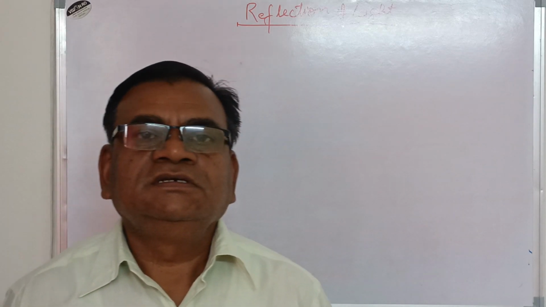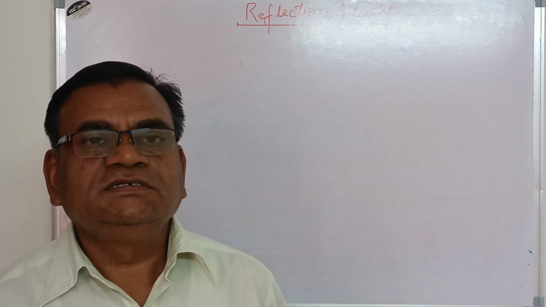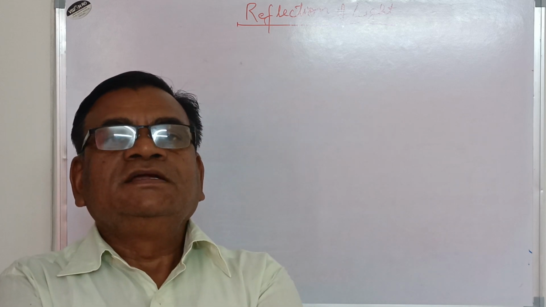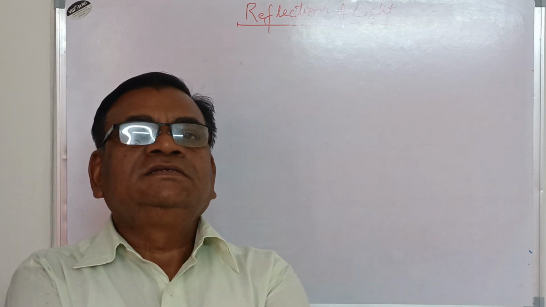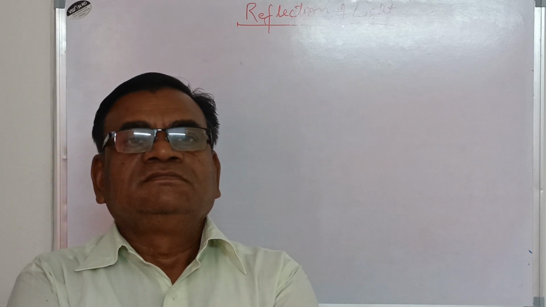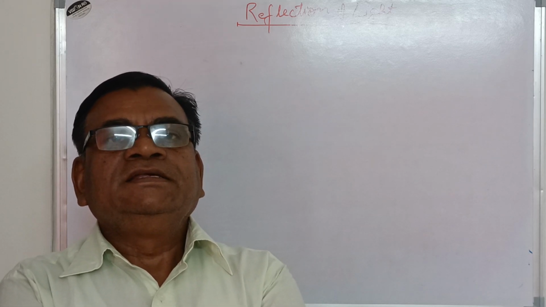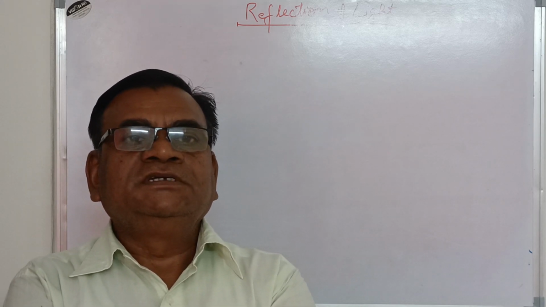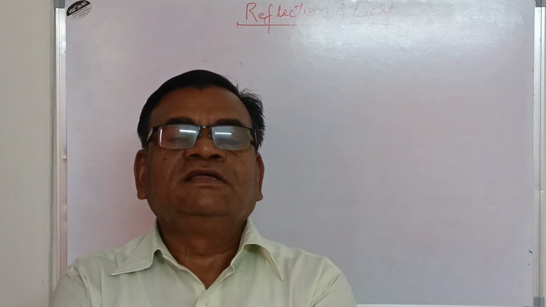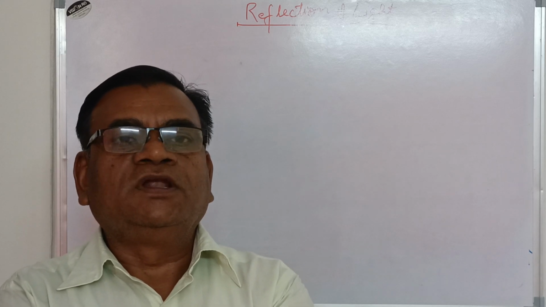So we see the things with the help of light. How we see? And what is the light? Light is a form of energy. When the light falls on any object or any object emits the light, first of all we take the luminous objects, which are the objects that have their own light, like sun.